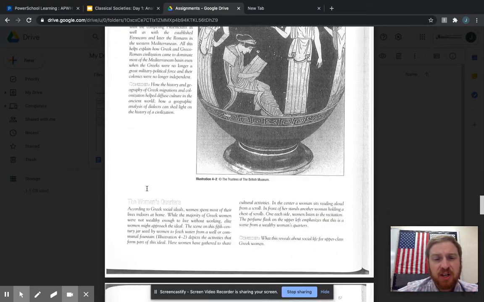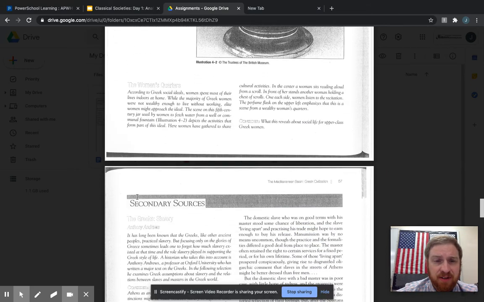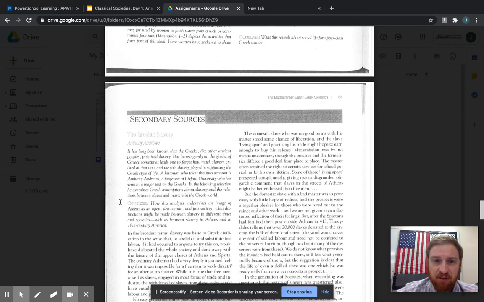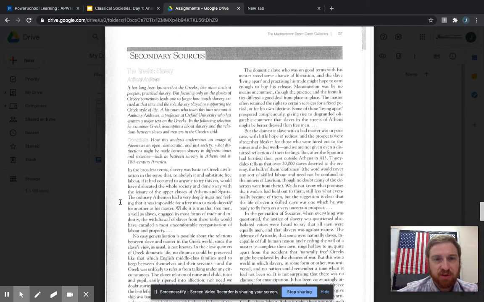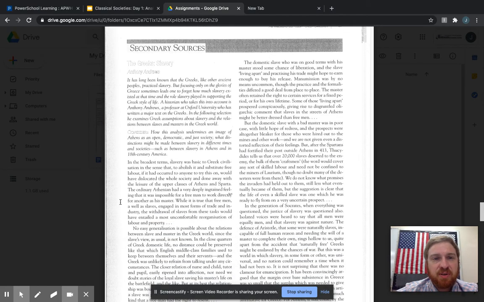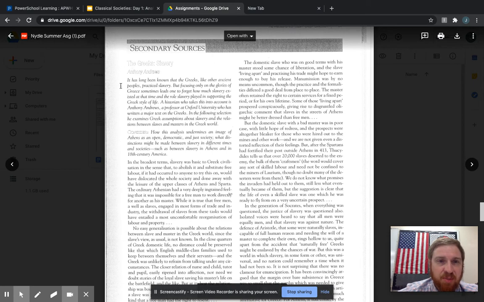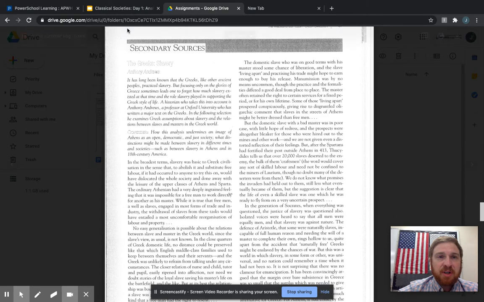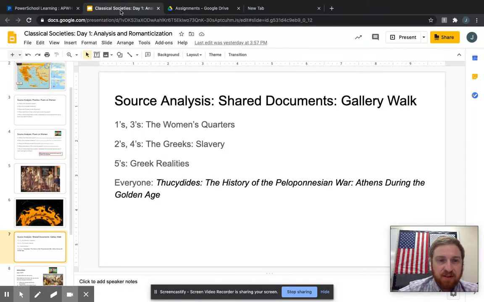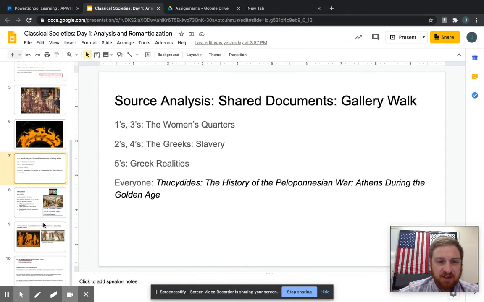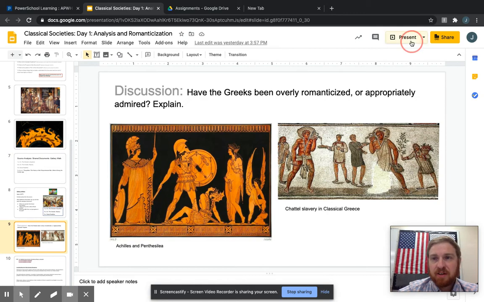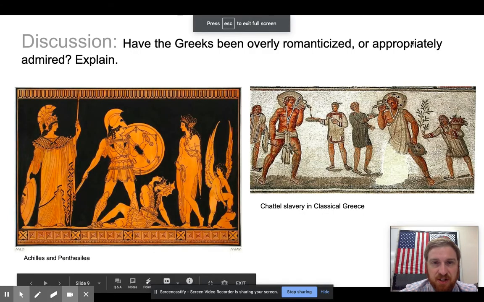We also get into, and again, if you already did the summer assignment, this should already be done, but if not, it's a great refresher, a secondary source about the Greeks and slavery to read through. Because ultimately, at the end of the summer assignment, we needed to be able to discuss if the Greeks have been overly romanticized.